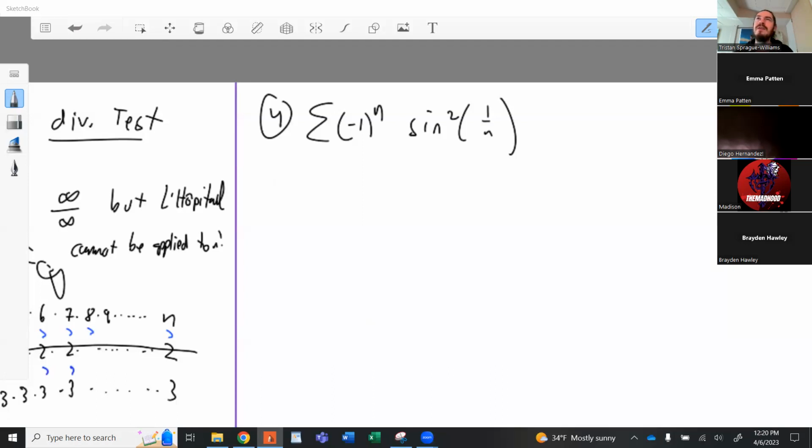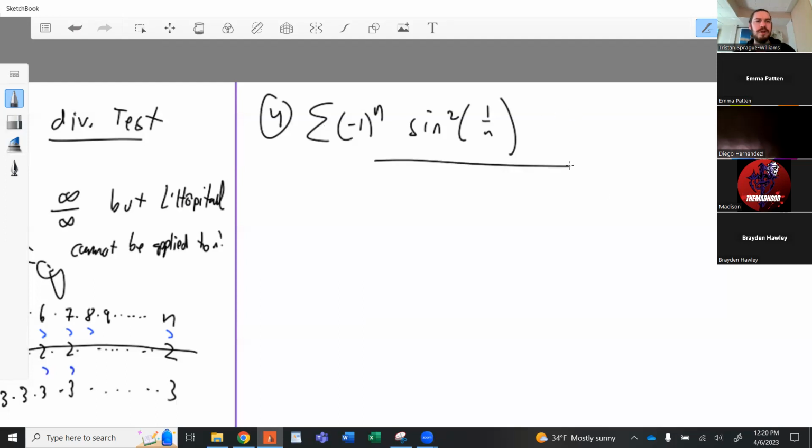But I can't remember if it grows faster or slower than n factorial. I think it's slower. No, faster. Sorry, it's definitely faster. N to the power n is generally bigger than n factorial. We'll get back to that.